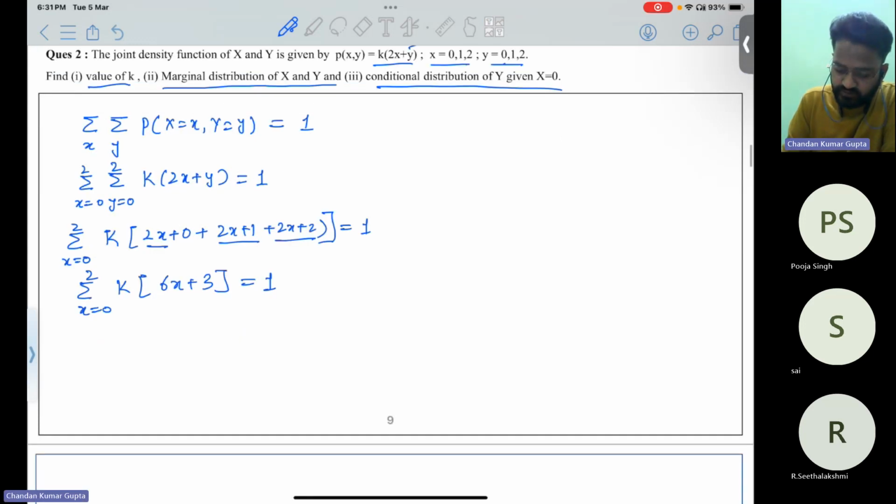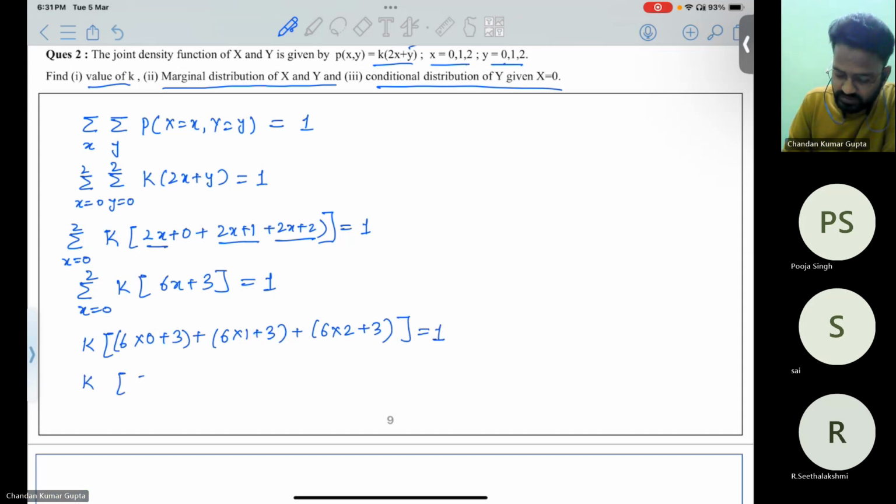Now putting the values of x, k times (6 into 0 plus 3) plus (6 into 1 plus 3) plus (6 into 2 plus 3) equal to 1.